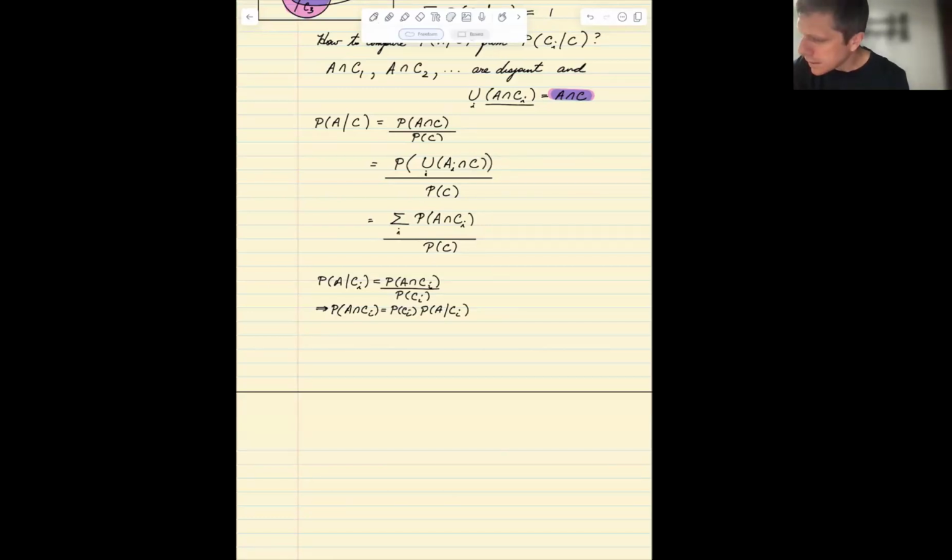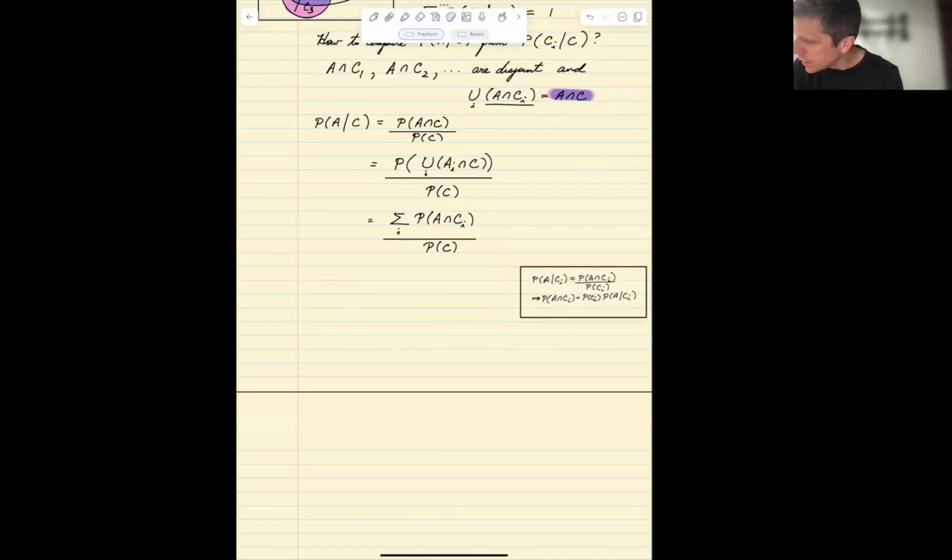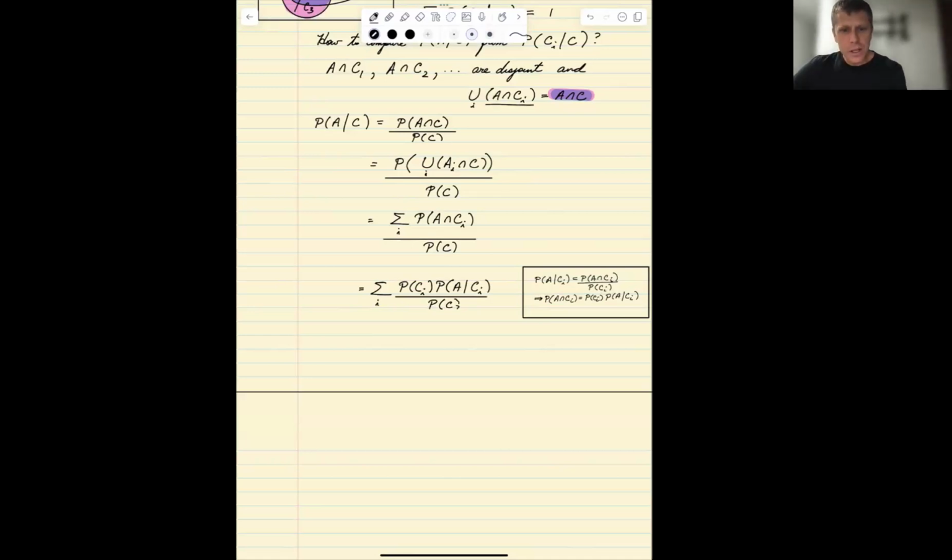So we substitute that: for each i, we write the probability of Ci times the probability of A given Ci, divided by the probability of C.